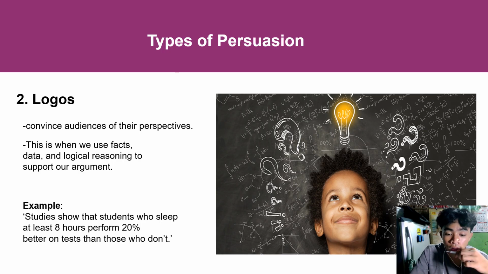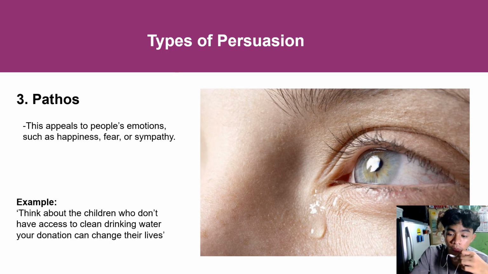For the last type of persuasion, which is pathos. Pathos appeals to people's emotions, such as happiness, fear, or sympathy. So, what is pathos? Let us define. Pathos means experience, misfortunes, emotions, and conditions. It comes from the Greek pathos, meaning experience, undergo, and suffer.